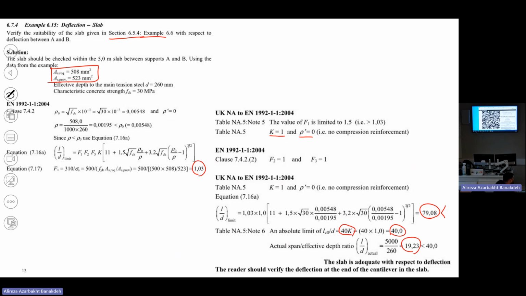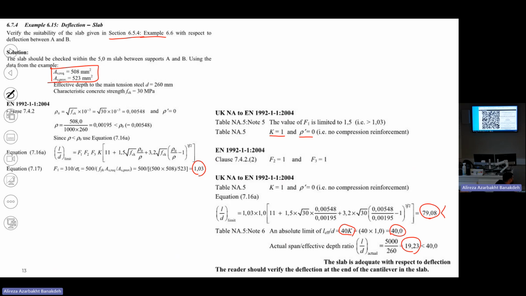But there are 2 points. First of all, the reader should verify the deflection at the end of the cantilever in the slab as well. Because if you take a look at this example, it was a slab sitting on 2 walls and continuing as a cantilever.